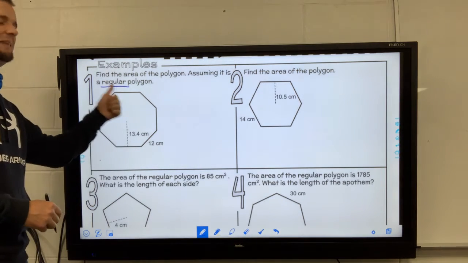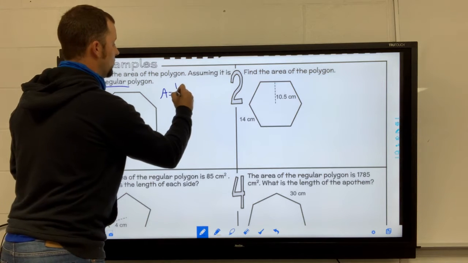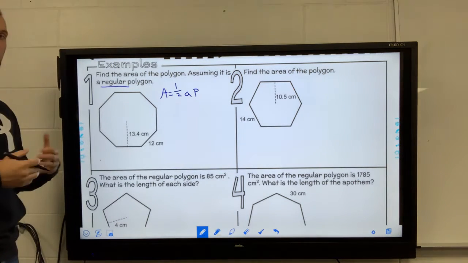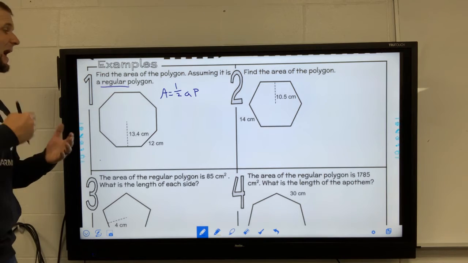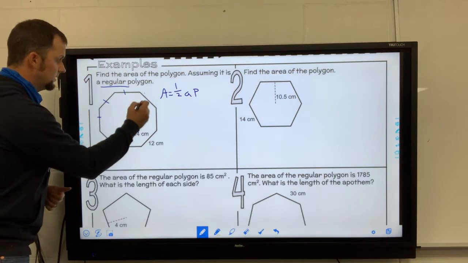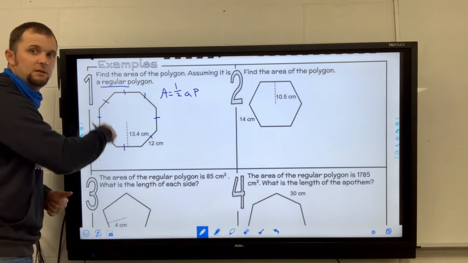So if I want to find the area of a regular polygon, I know to find the area, I'm going to take 1/2 of the apothem times the perimeter. Okay, so all I got to do is plug in all this info. I know that each one of these sides is going to be congruent. So I know since this side right here is 12, each one of these is going to be 12.